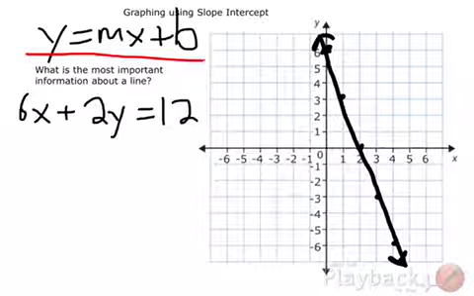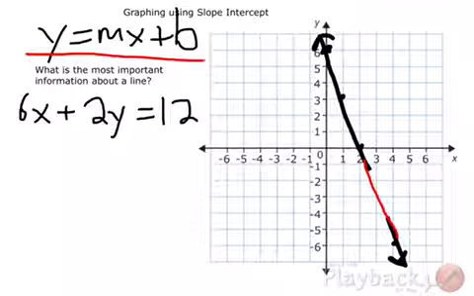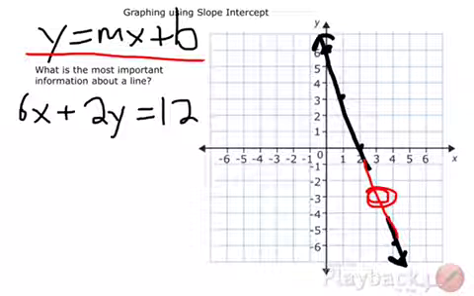Now, I do want to show you one thing here that's neat in a way that you can check yourself. So this was the original equation, 6x plus 2y equals 12. I just want to show you that all of the coordinate points on our line should work. If I choose this point right here, 3, negative 3, that value should work in our equation.